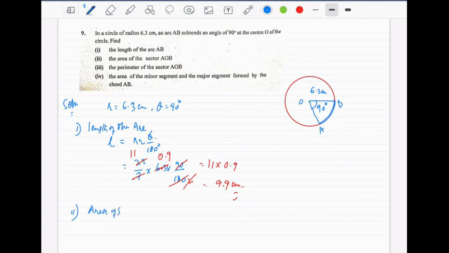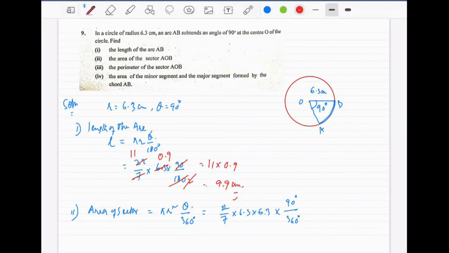I just told you, pi r square theta by 360. So you put in the value, pi is 22 by 7, r is 6.3 into 6.3. Because there is r square, you have to put it 2 times. Theta is 90. And there is 360 down below.